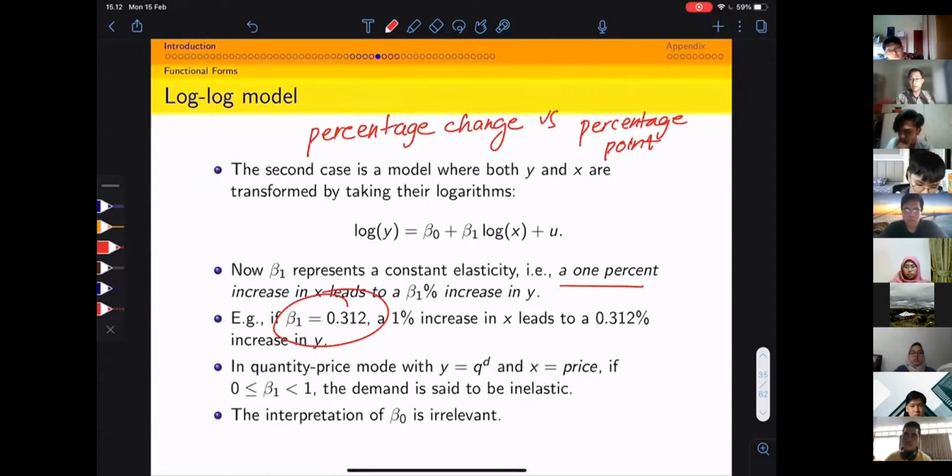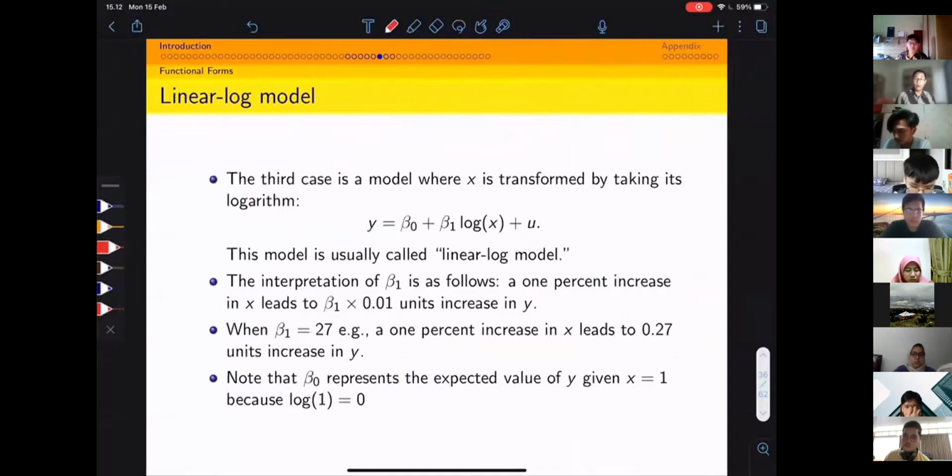These are two very different concepts, so it's very good for you to start distinguishing between a percentage change and percentage points. For this particular slide, this is the percentage change: for every 1% increase in x, it leads to a beta 1% increase in y. When I get to the example, I'm going to highlight an example of percentage points.